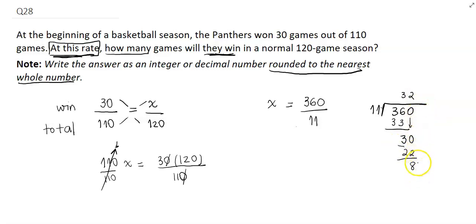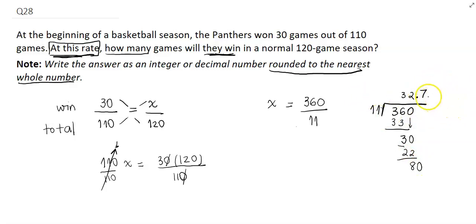No more to put down. For me to add a 0 to my leftover, I have to put a decimal point here. Then I put a 0 here, and 11 goes into 80 7 times. I don't need to continue because I want to round to the whole number.